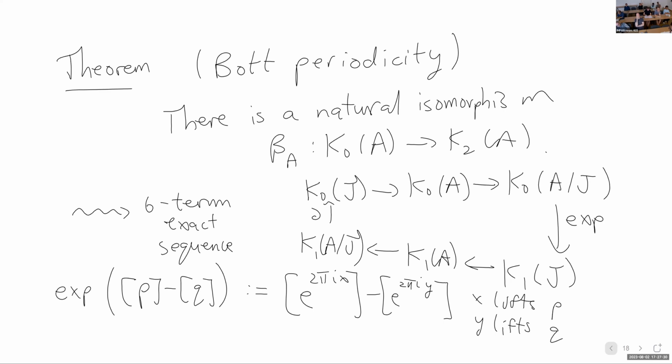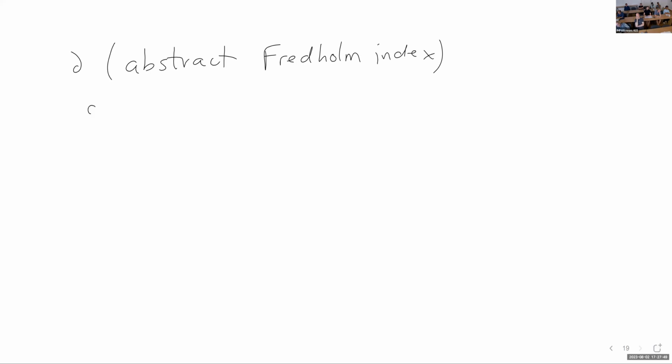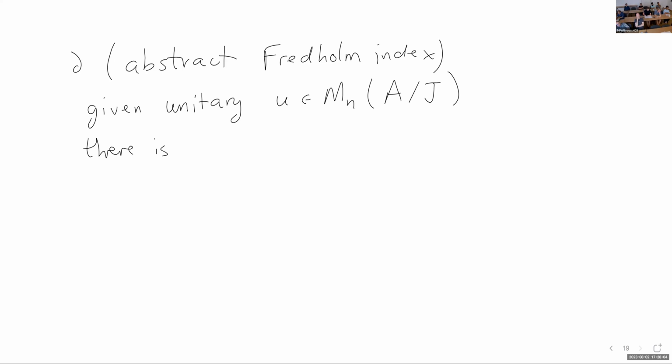So I need to tell you what it does to a unitary. What I will do is take a unitary in A over J. I can lift it, again not to a unitary, but to a partial isometry, maybe going to a bigger matrix algebra. And then I just take the suitably defined index of that partial isometry. So, given a unitary U in some matrix algebra over A over J, there is a partial isometry.